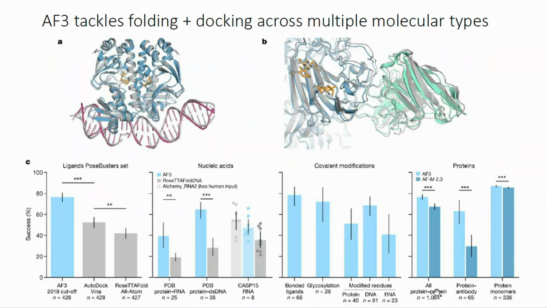If you look at the protein-protein interaction here compared to the AlphaFold-Multimer model, it improves significantly, especially on antibody-protein interactions. It improves the AlphaFold-Multimer prediction by a lot, almost doubling the success rate, with this new architecture that we talked about last lecture.